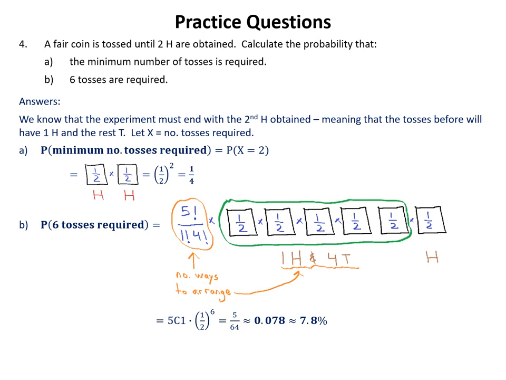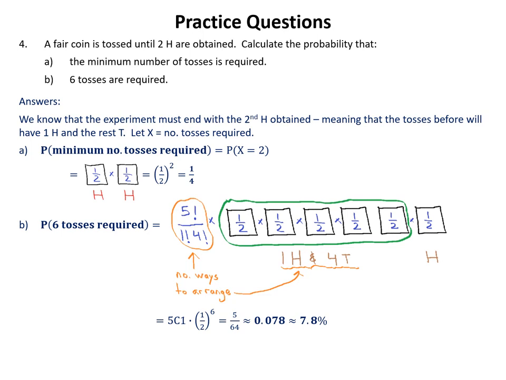Now, there's a lot of variation possible in terms of whether some of these tosses are heads or tails. In fact, the only one of the 6 total tosses that has to go a certain way is that last toss, because as discussed previously in this solution, we end the experiment with a head.